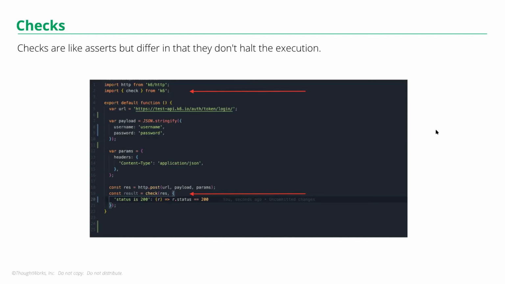Okay. So if we can see in our code snippet, first we have imported check from the K6 library in line number 2, and in line number 20 we have put a check on the status. So it doesn't mean that we can only put a check on the status.